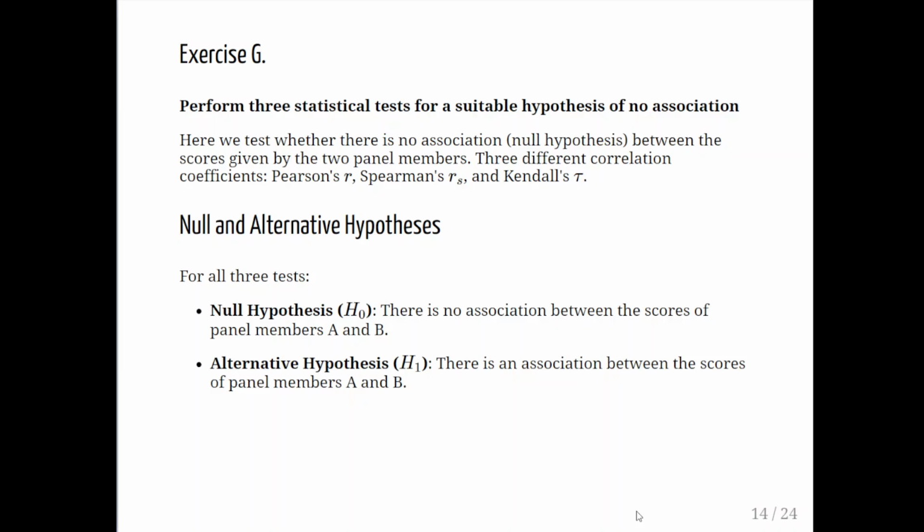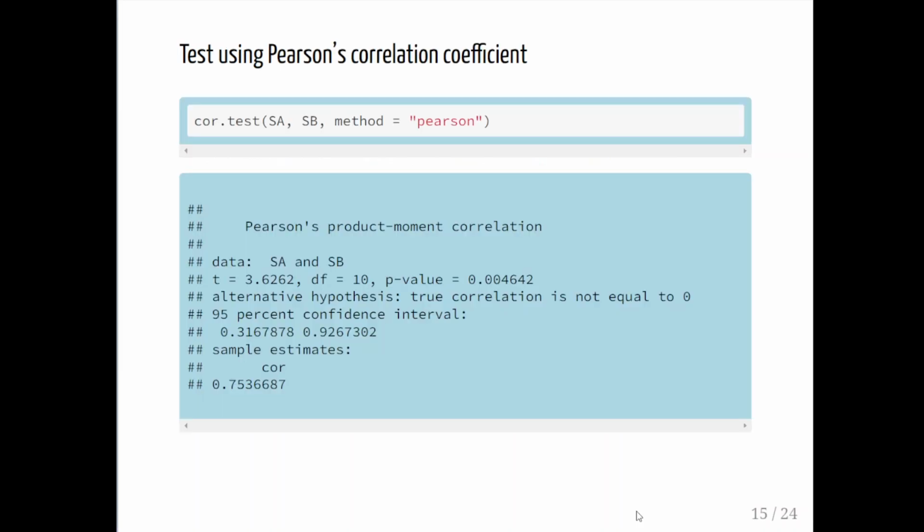We'll be looking at the p-value. A low p-value indicates that we should reject the null hypothesis and conclude that there is some sort of association. The first one is the Pearson test: cor.test(SA, SB, method = "pearson").